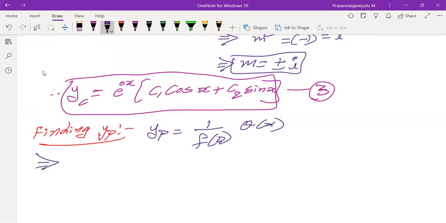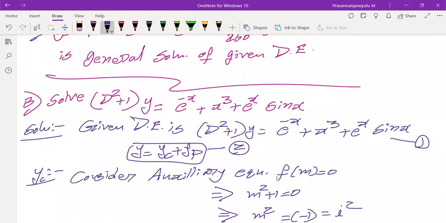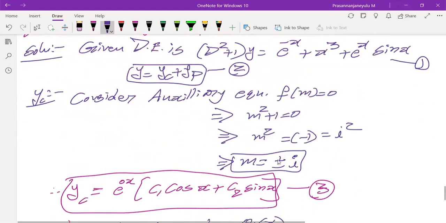Yp equals 1 by f of d, which is d square plus 1. It's a very simple one. But what is q of x? E power minus x plus x cube plus e power x into sin x.